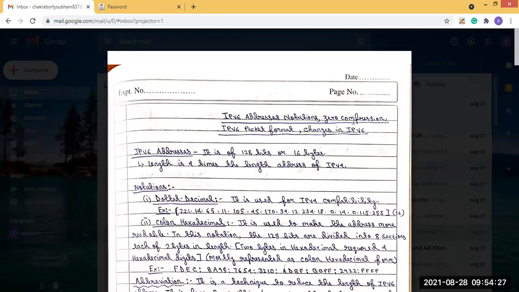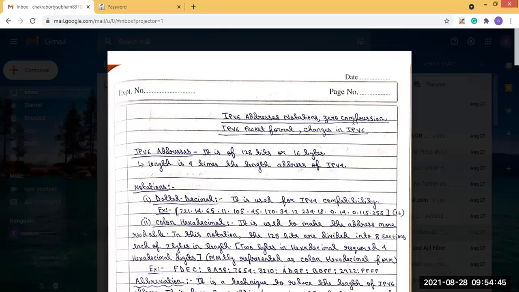Basically, the IPv4 address we have seen is of 32 bits, or we can say 4 bytes. This is the IPv4 address format. But in case of an IPv6 address, it is 128 bits or 16 bytes.